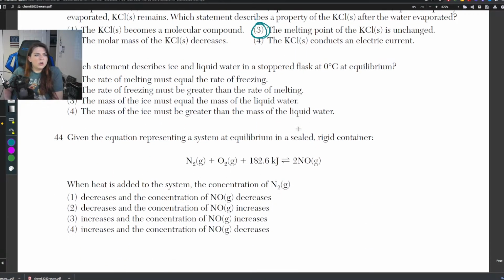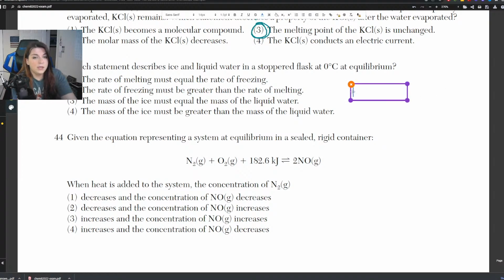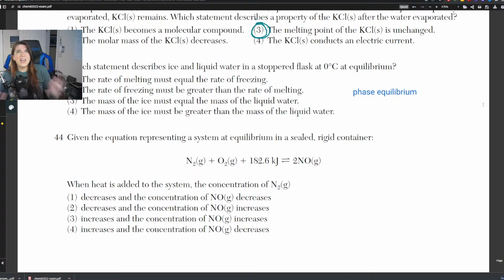Okay, which statement describes ice and water in a stoppered flask at 0 degrees Celsius at equilibrium? Ooh, okay, this is phase equilibrium. Again, video on this. Phase equilibrium means that the rate of the endothermic phase change is equal to the rate of the exothermic phase change.